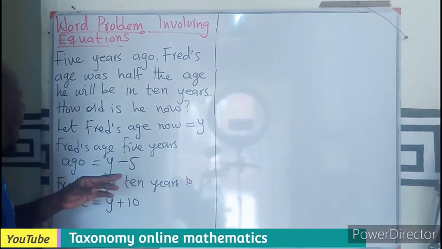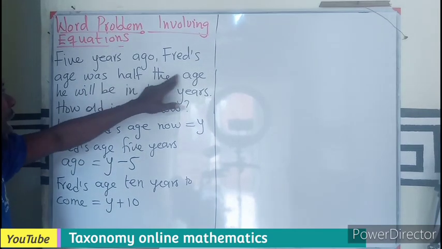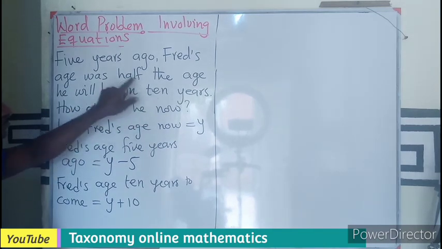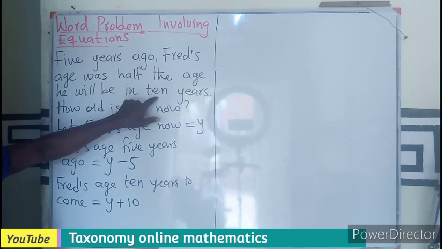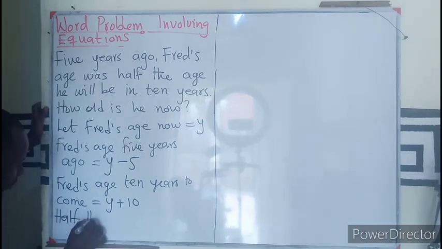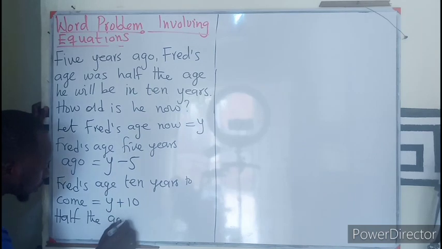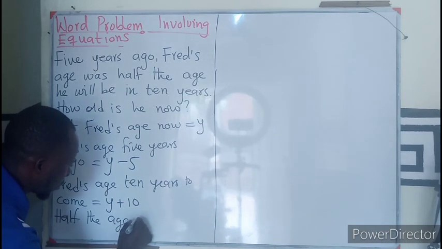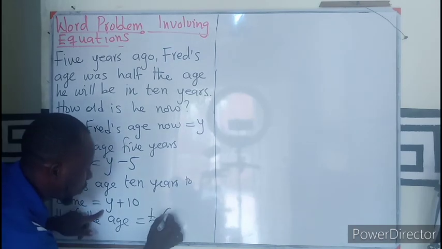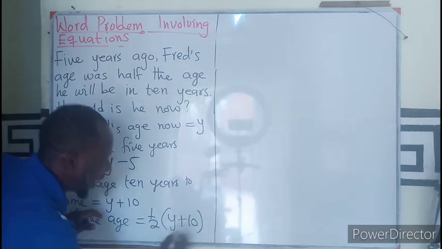Now, there is another aspect here: it said half the age he will be in 10 years. So we need to know half the age in 10 years. So half is going to be half of y plus 10.